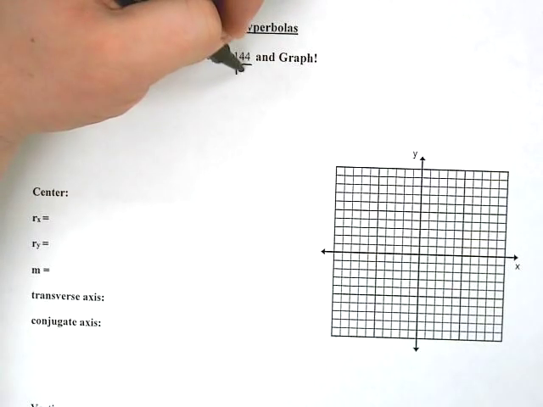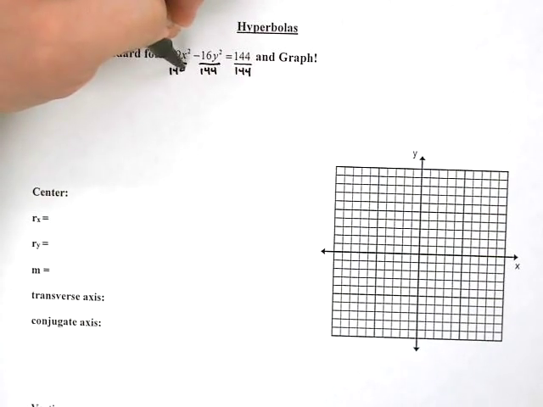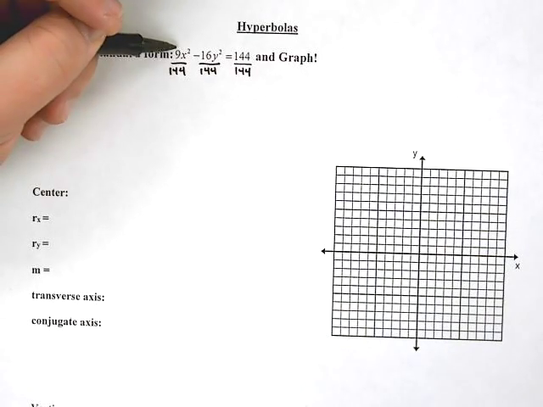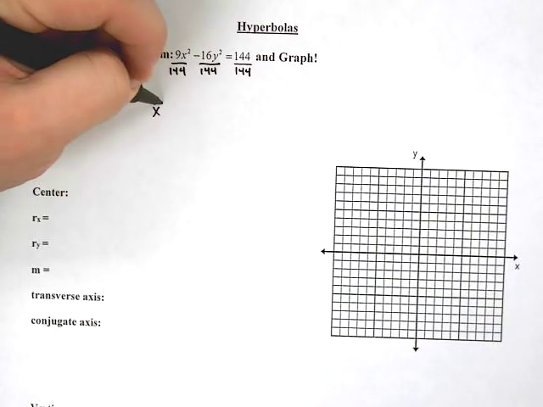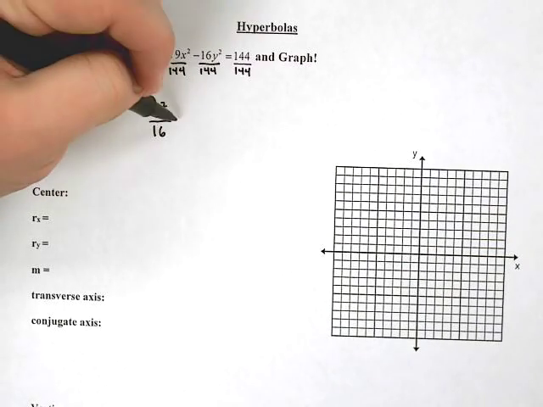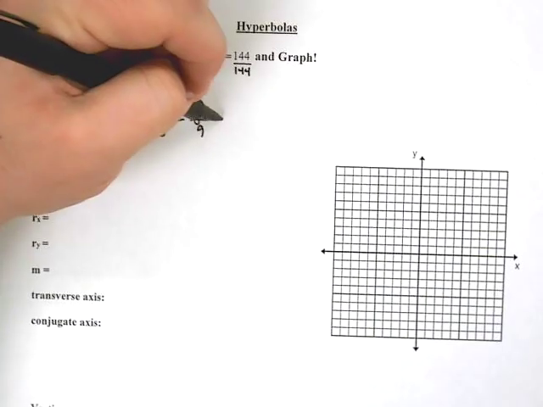So I'm going to need to divide by 144 everywhere. Alright, and when I do that, well, this cancels nicely, okay? So this is going to become x squared over 16, and then I'm going to have y squared over 9 equals 1.